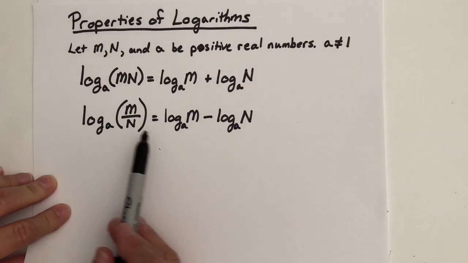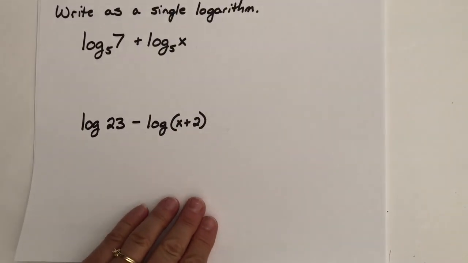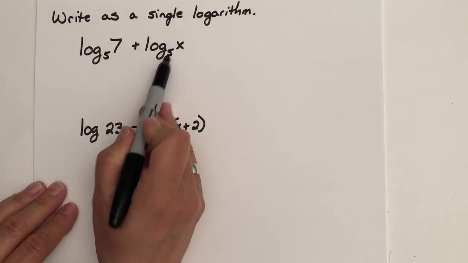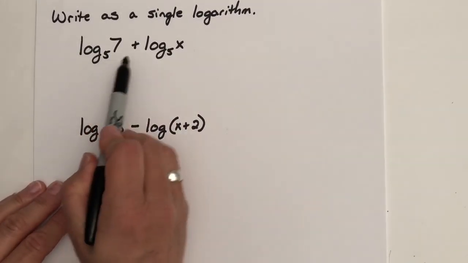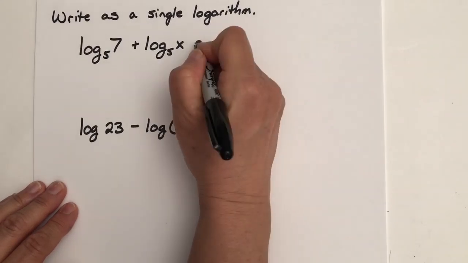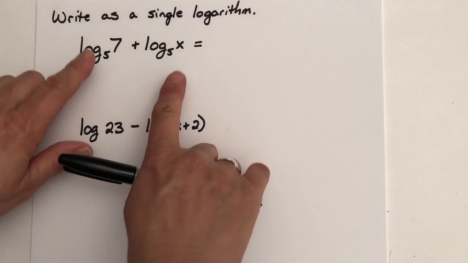So let's practice using these properties with some problems. So we have the log of x base 5 plus the log of x base 5 equals, we use that first big property that says we have the sum of two logs.